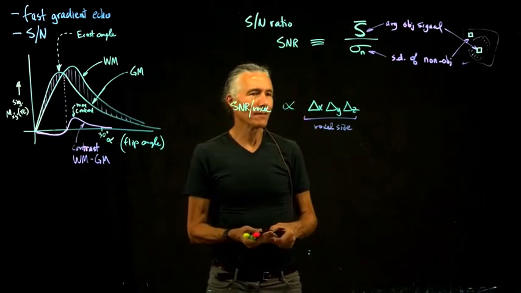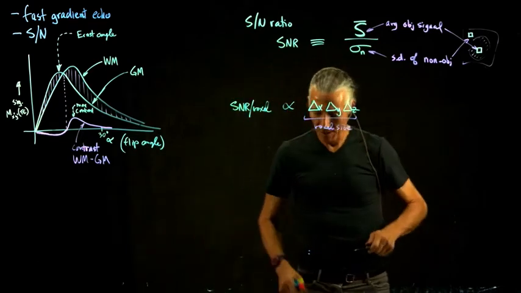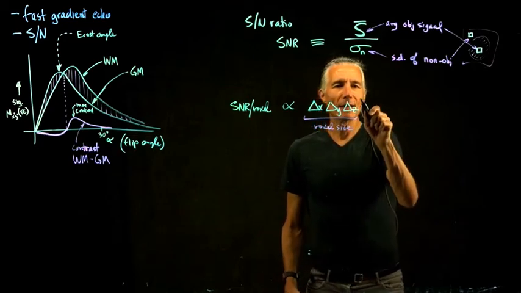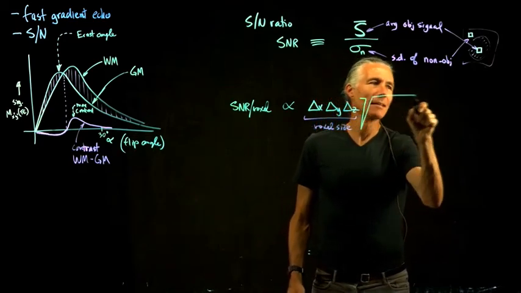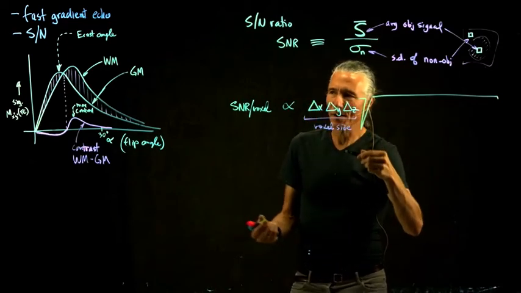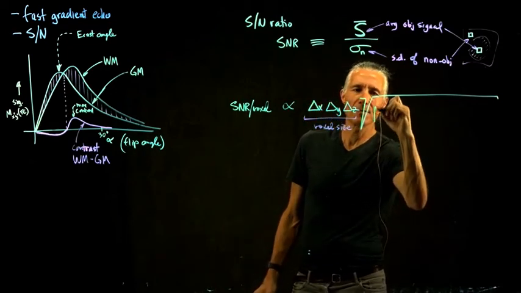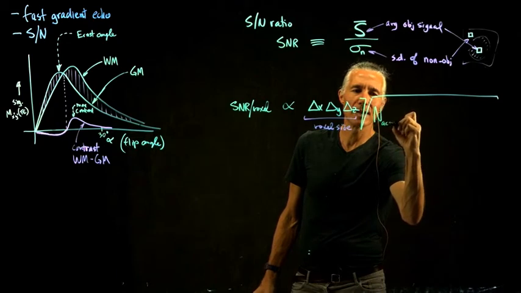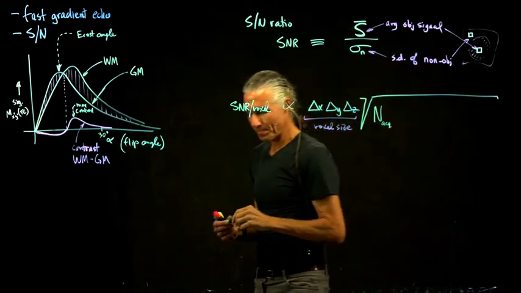But what else is in there? What else is in there is, very unfortunately, under a square root sign. I didn't go through the derivation of this, I'm just presenting it, but one of the first things under the square root sign is the number of acquisitions.